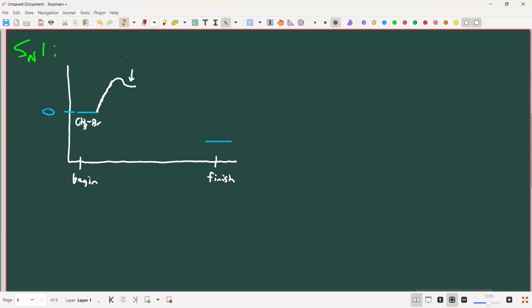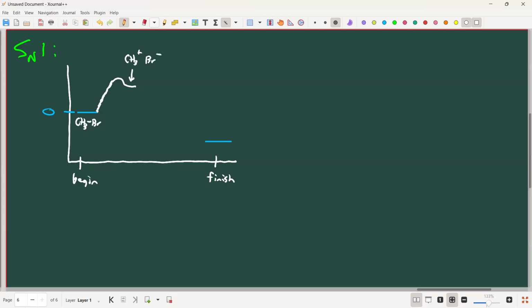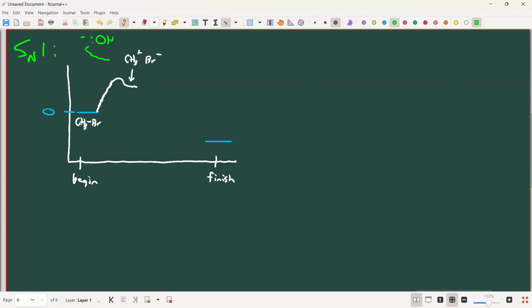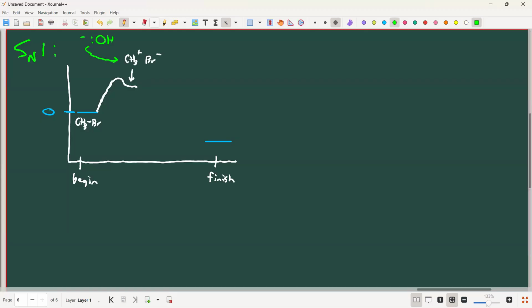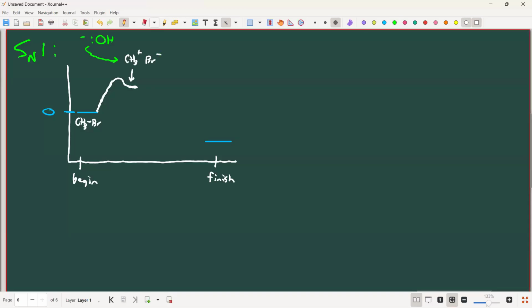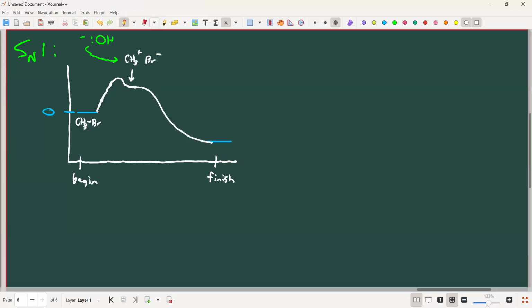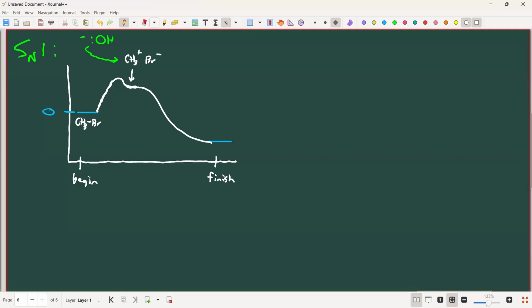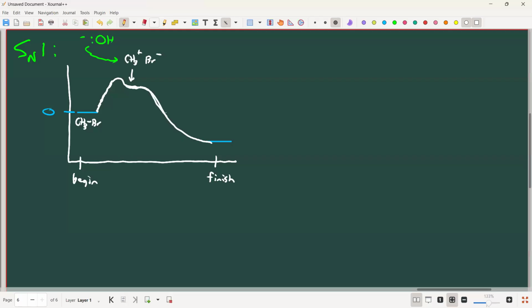Here at this point, you have CH3+ and Br-. Then the OH comes in later and takes that. That has no barrier, the energy decreases like this. Maybe it has a small barrier.